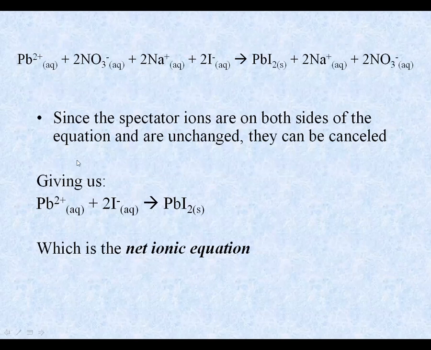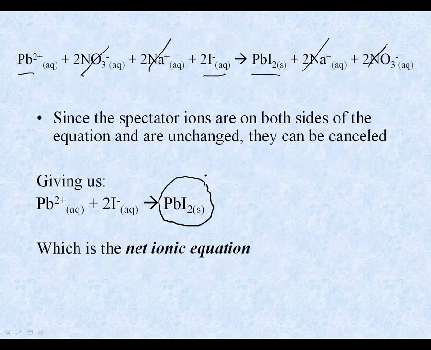As we can see down here on the left, it's the result of canceling out our spectator ions, and what that leaves you is what is truly happening in this reaction.